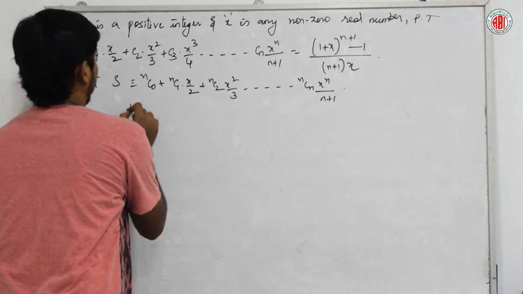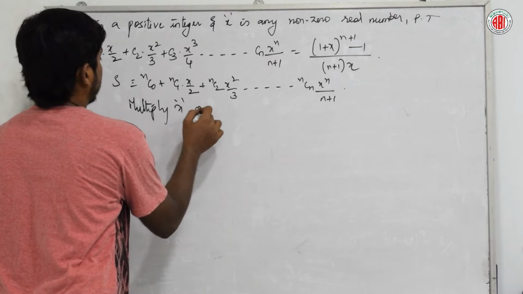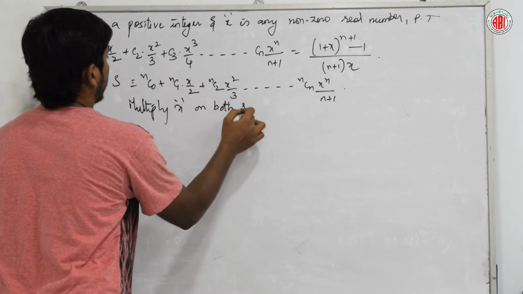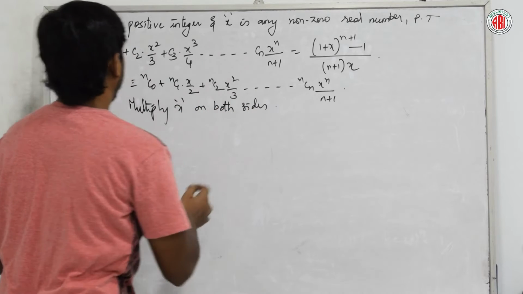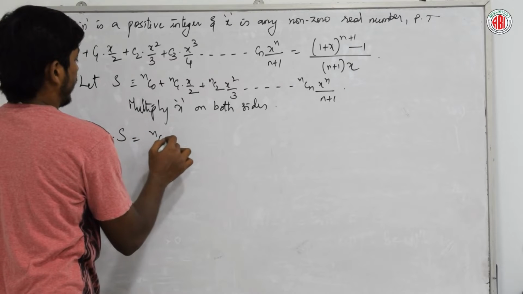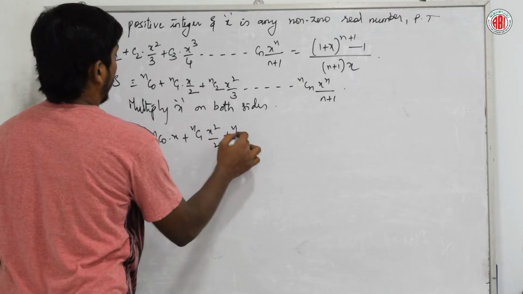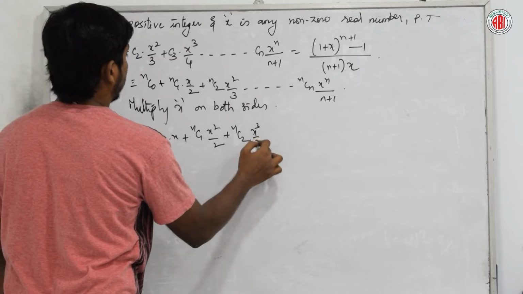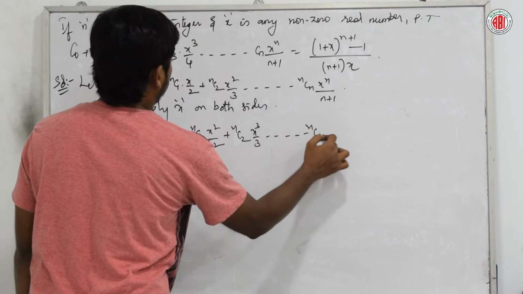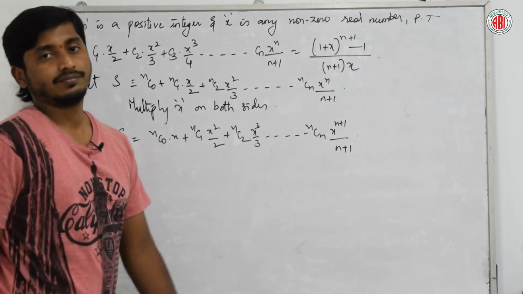Let us check what happens. x into S is equal to nC0 into x, nC1 x square by 2, nC2 x cube by 3 and so on up to nCn x power n plus 1 by n plus 1.